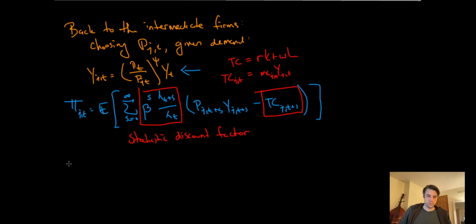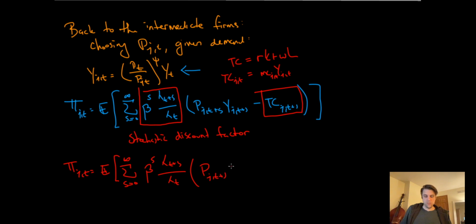We'll rewrite this. Profits are equal to the expectation of the infinite sum, s equals 0 to infinity, beta to the s, lambda t+s over lambda t, PJT+s YJT+s, minus MCJT YJT.